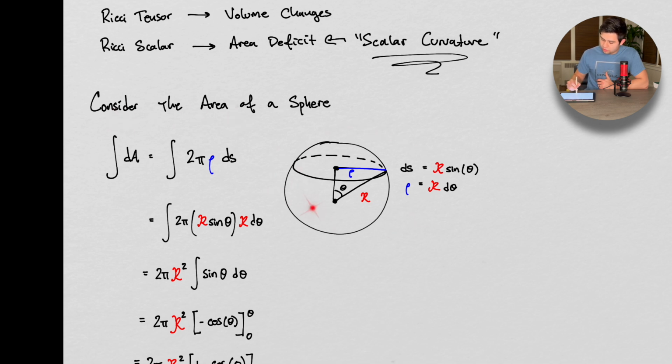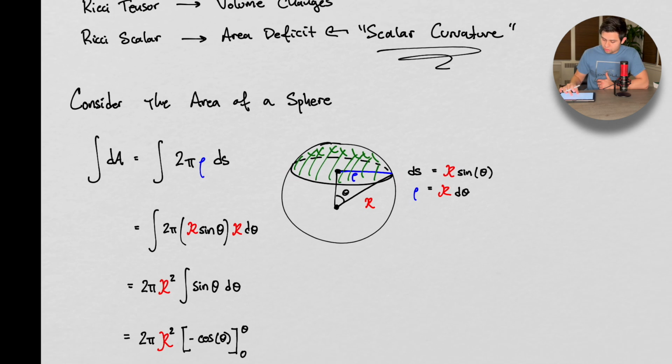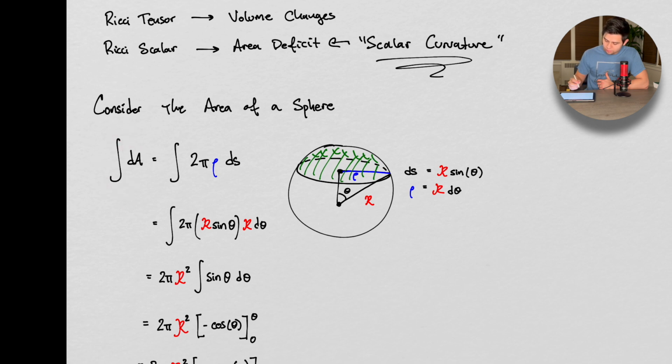So here is our sphere, but we really just want to compute this area here. This is not exactly a semicircle, because we're not necessarily going through the equator. This here isn't necessarily the equator. But the way we're going to do this is we're going to integrate over the area.